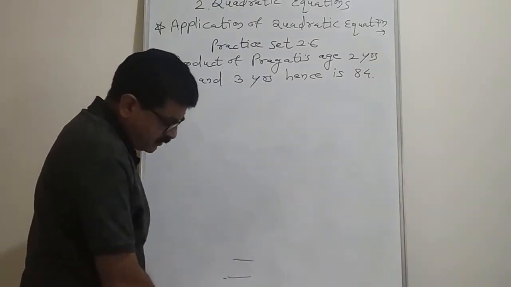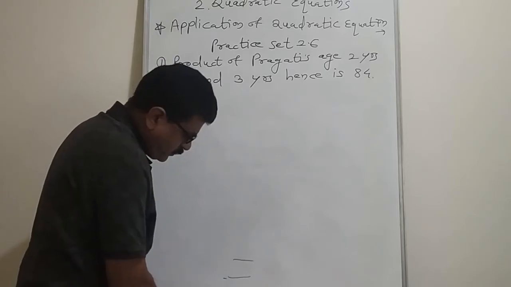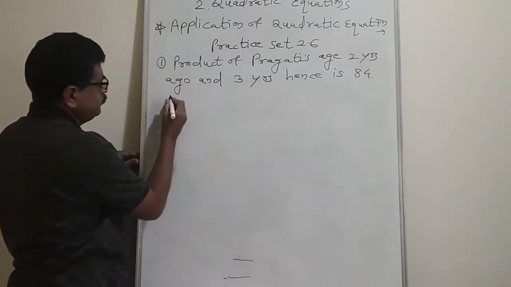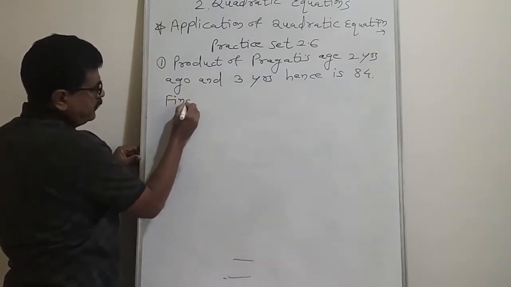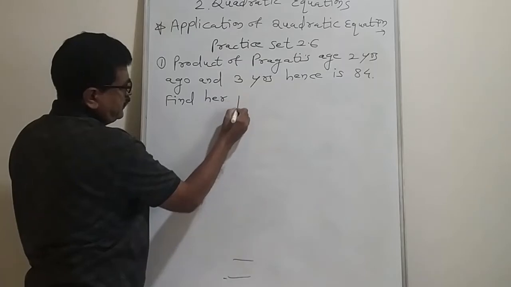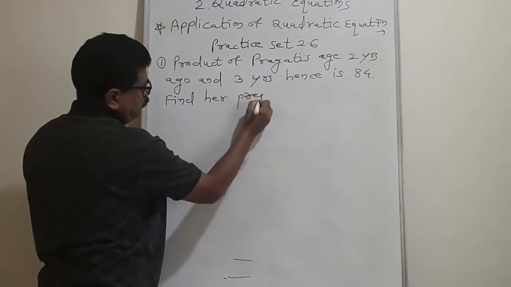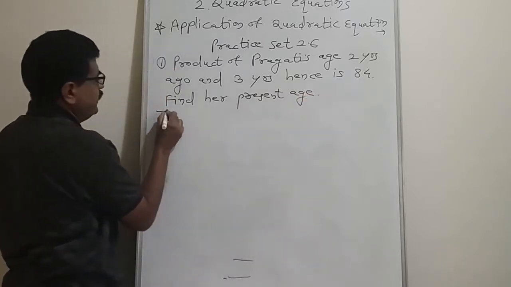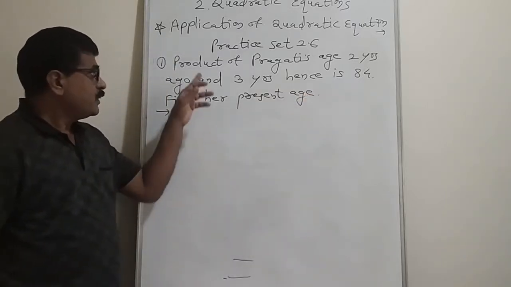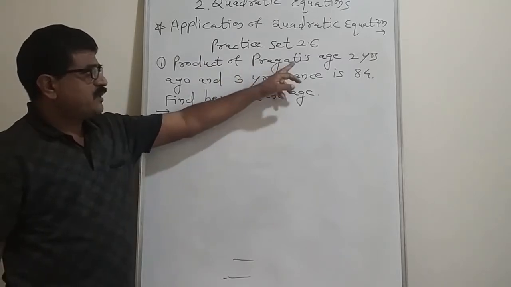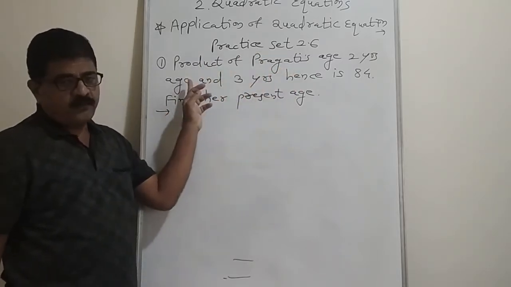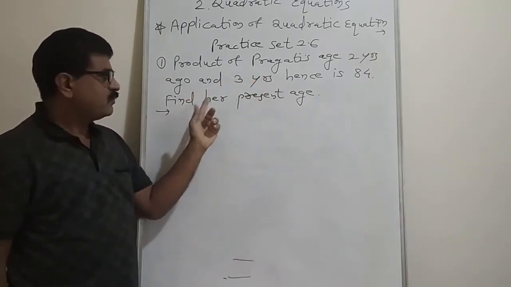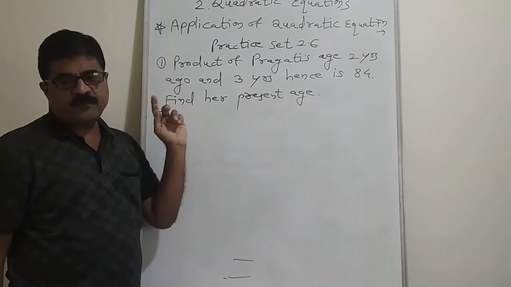Find her present age. Now here we have given product of Pragati's age 2 years ago and 3 years hence is 84. We have to find her present age.